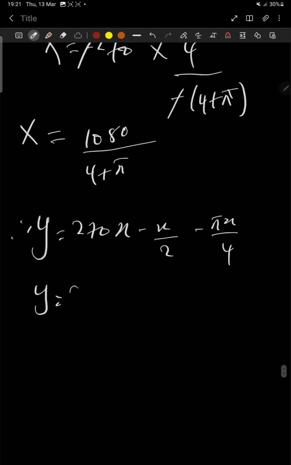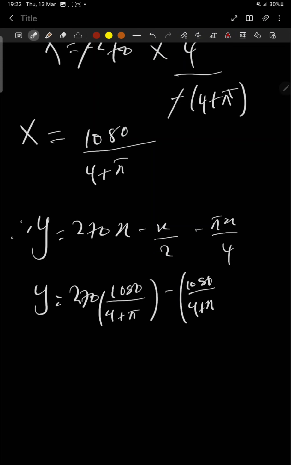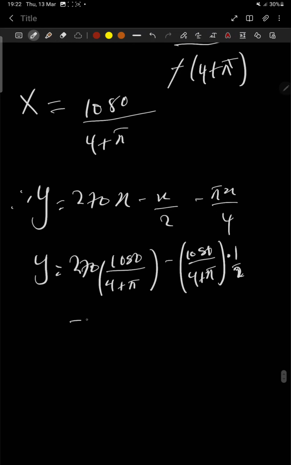So we're going to replace x with 1080 over 4 plus pi, minus again 1080 over 4 plus pi, then times 1 over 2 outside, because divided by 2 means 1 over 2, minus pi over 4 multiplied by 1080 over 4 plus pi.